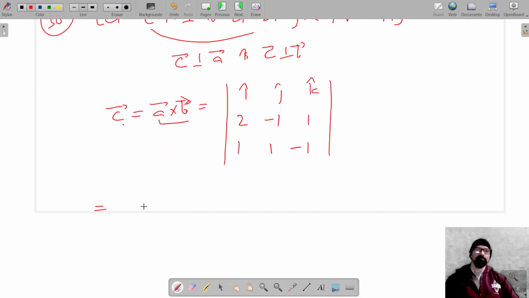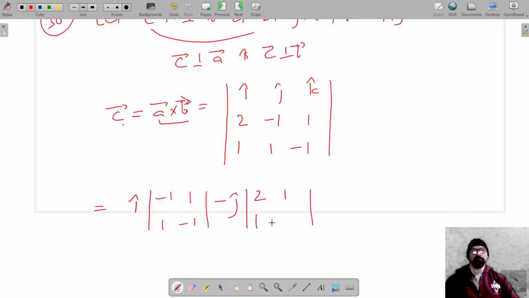So this is now i cap, and the determinant of, we're left with negative 1, 1 and 1, negative 1, minus j cap, and remove the row and the column for j, it's 2, 1, 1, negative 1, plus k cap, it's 2, negative 1, 1, and 1.